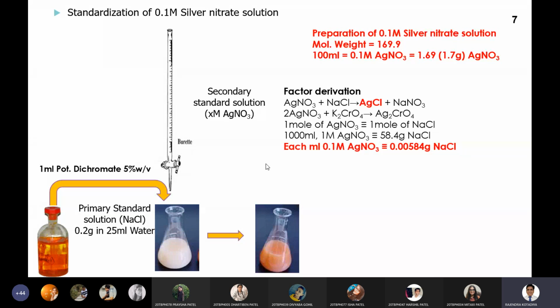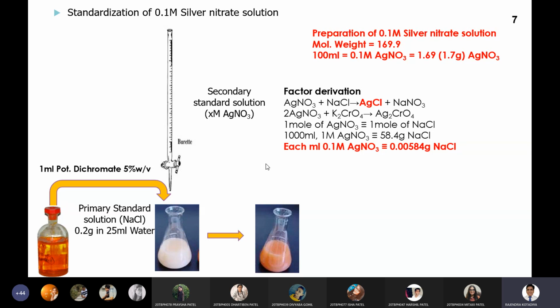But our main concern is reaction number 1. What does it mean? It means 1 mole of AgNO3 is equivalent to 1 mole of NaCl.